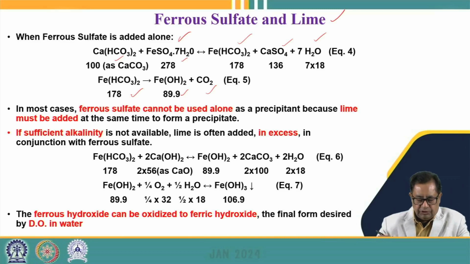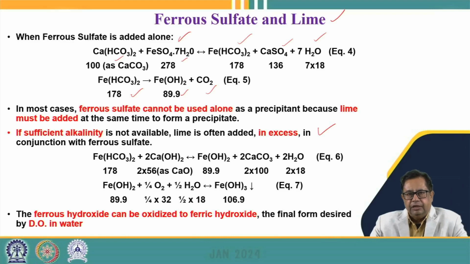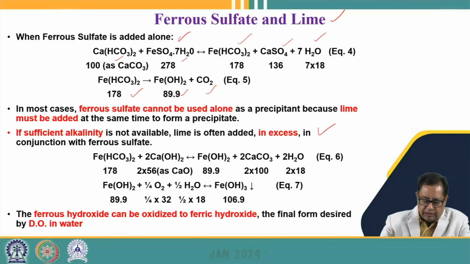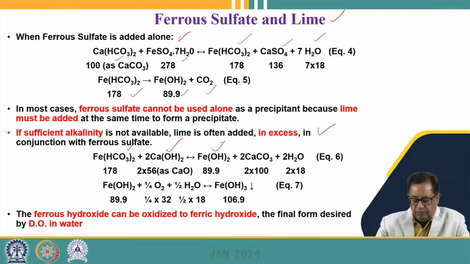For example, if sufficient alkalinity is also not available in the water or wastewater, in that case also excess lime is added so that the ferrous sulfate can basically get converted into ferric hydroxide. So we can see this reaction, that ferrous bicarbonate, when it combines with the lime, may form ferrous hydroxide and calcium carbonate.